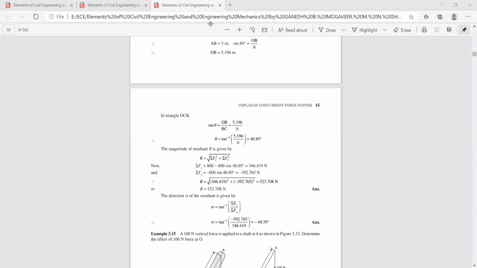I have a question for you guys. Can anyone answer? Fourth quadrant. Fourth quadrant, yes, correct. Because sigma f of x is positive and sigma f of y is negative.